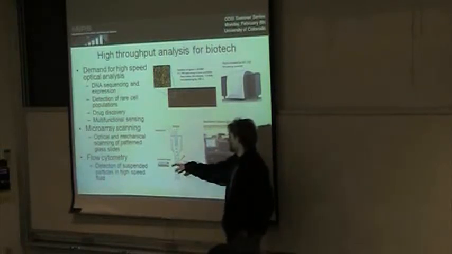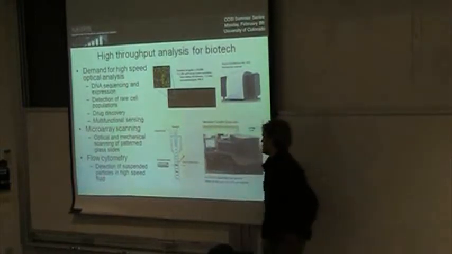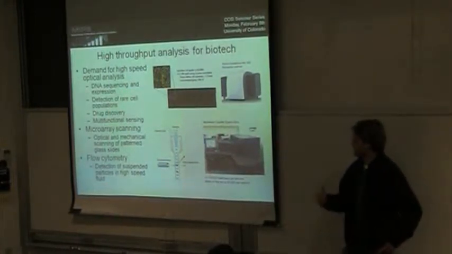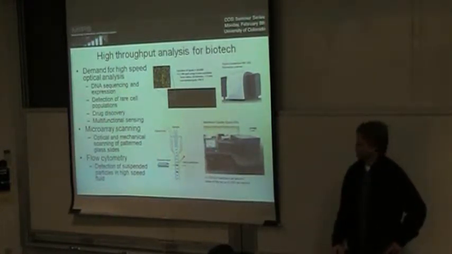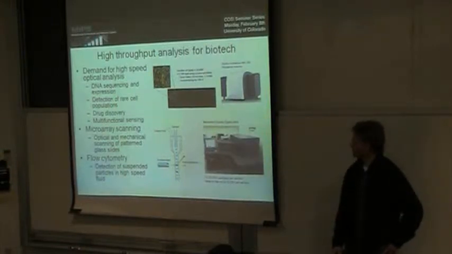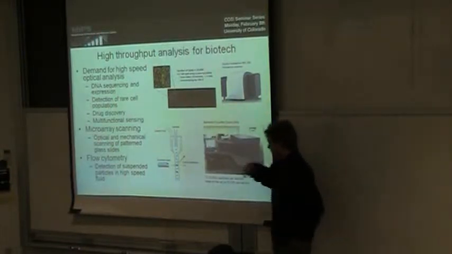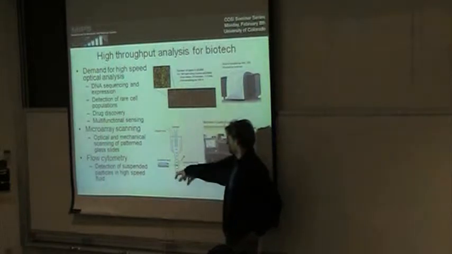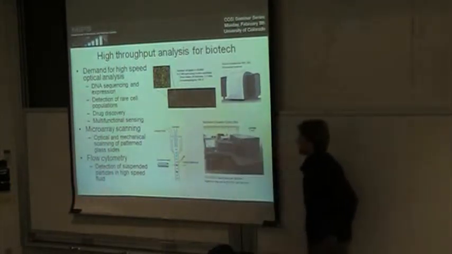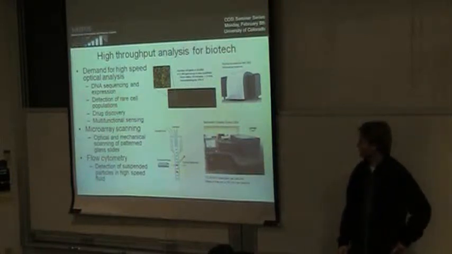Through this process of geometric confinement and hydrodynamic focusing, you can measure particles in this fluid, often cells, therefore it's called cytometry, but it can be a broad variety of different particles in suspension. You engineer it so they go by one at a time. You can measure as many as tens of thousands of samples per second. State of the art is maybe 50,000. So it's a very high throughput technique.